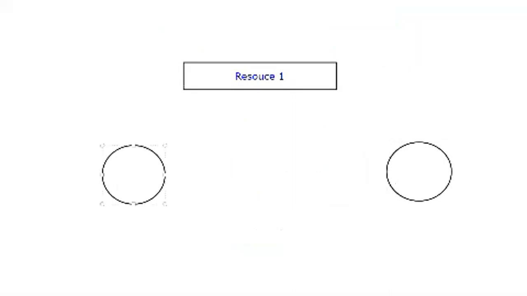Resource 1, then if we consider only two processes, process 2 and process 1.